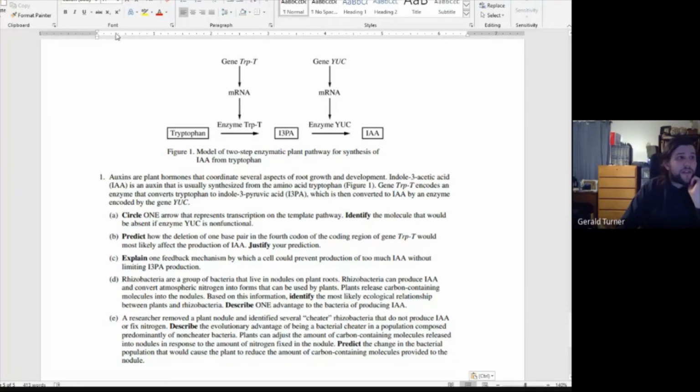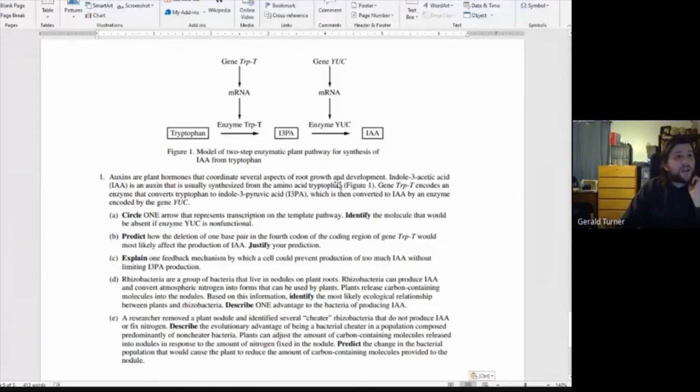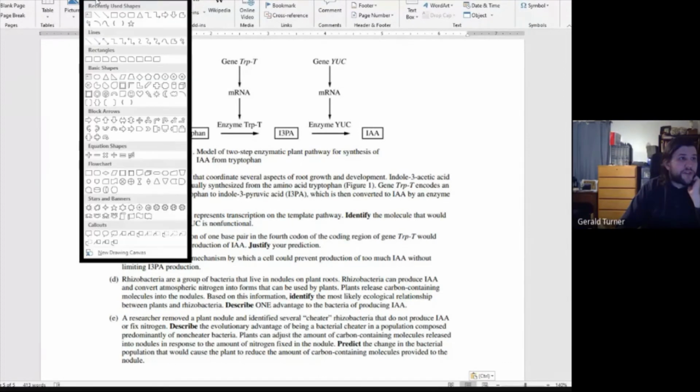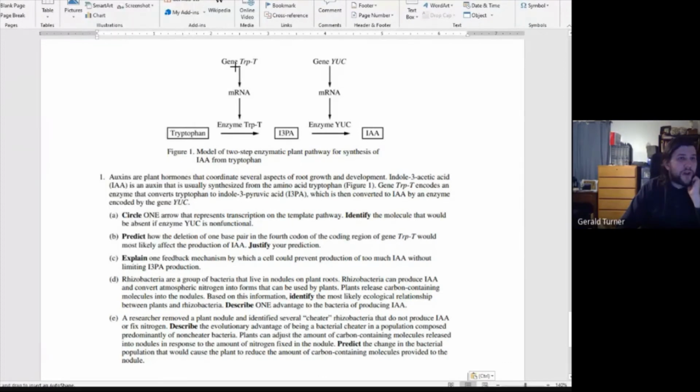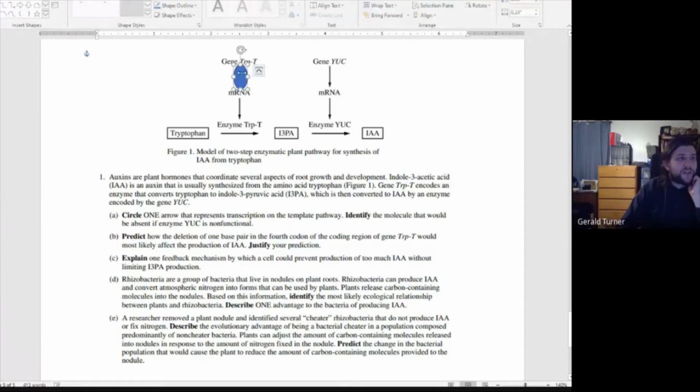So the first thing here, we want to circle one arrow that represents transcription. Transcription, if we remember, is going to be when we go from DNA to RNA. So I'm going to go ahead and circle that.